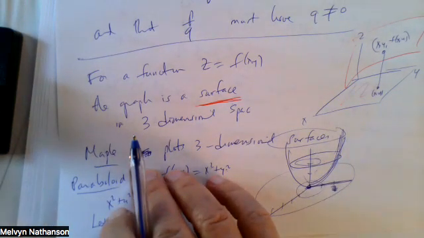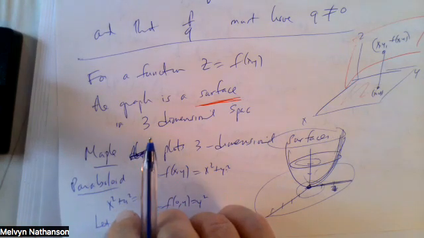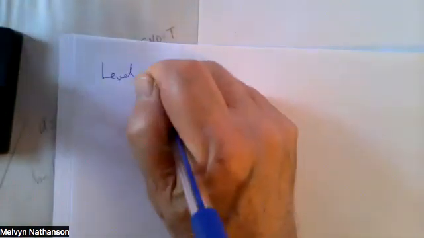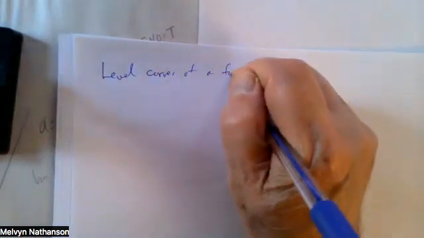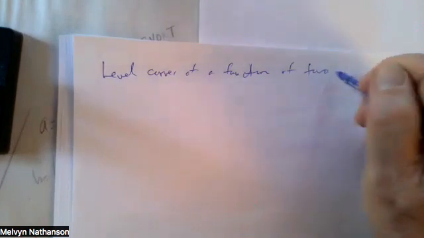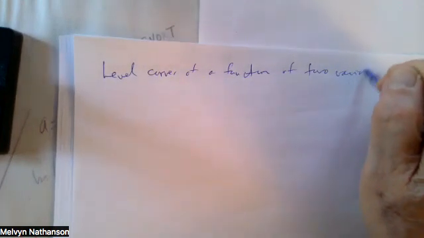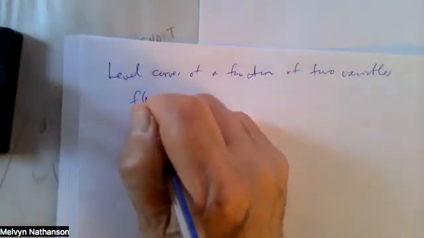What usually gives you a decent idea of what the shape of the surface might look like is to draw the level curves of a function. Level curves of a function of two variables, f of x, y.